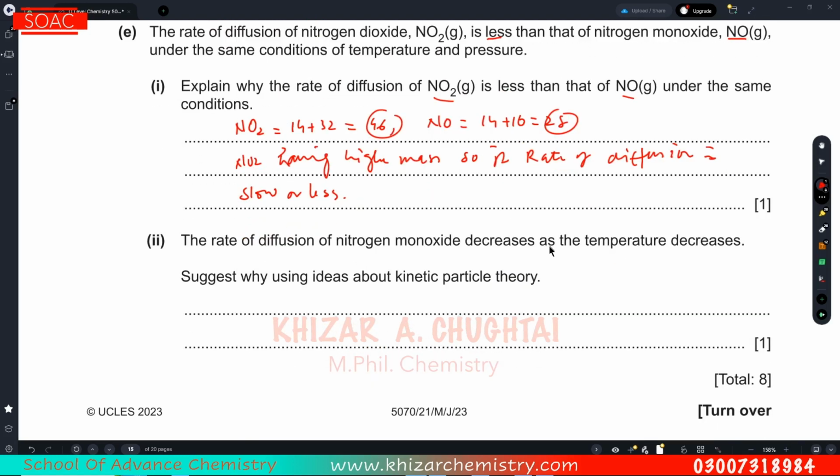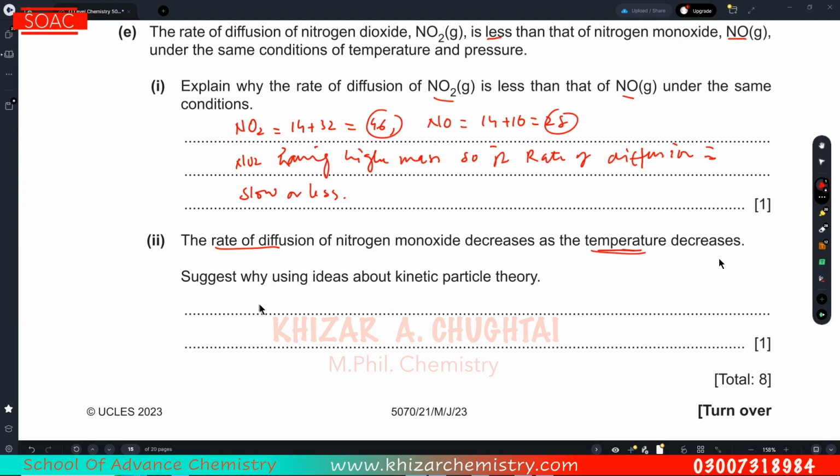The rate of diffusion of nitrogen monoxide decreases as the temperature decreases. Just by using the idea of kinetic particle theory, why does the rate of diffusion decrease with temperature? The basic thing is that temperature means kinetic energy.